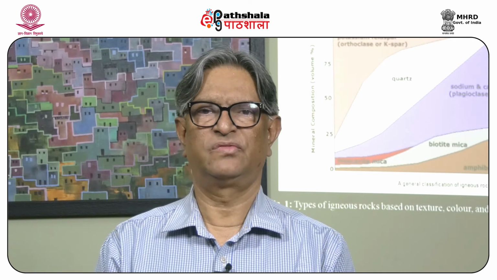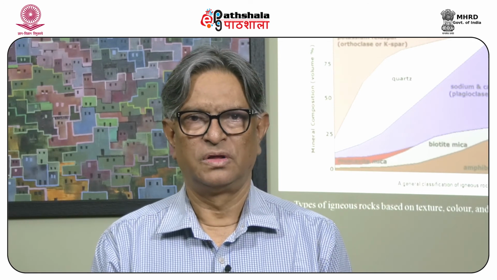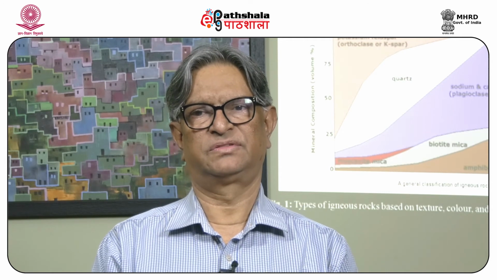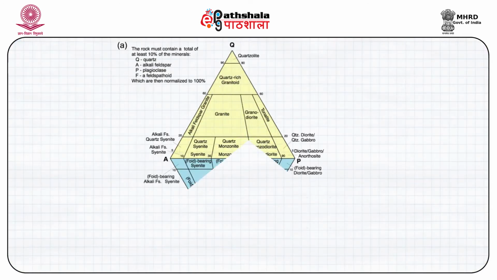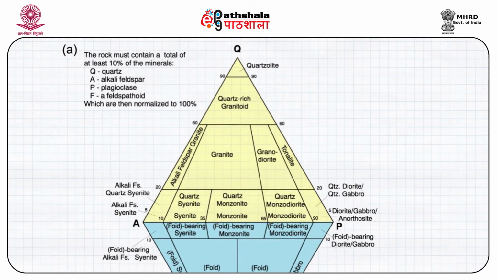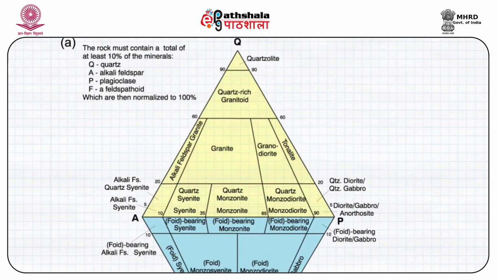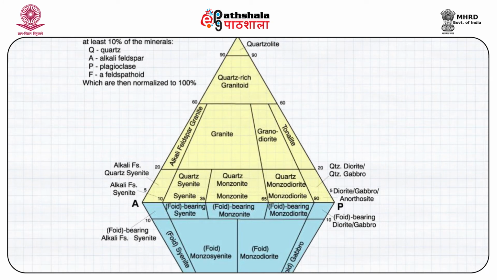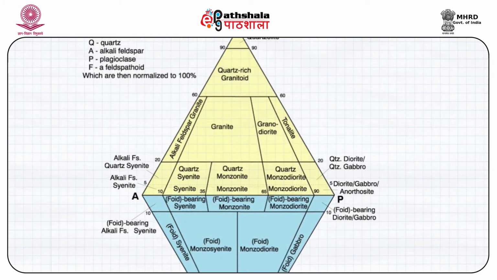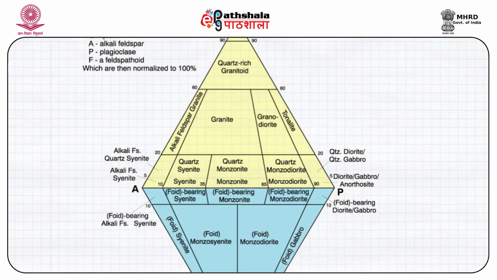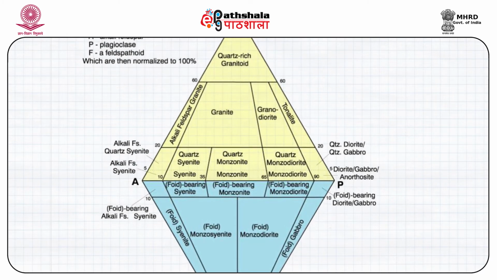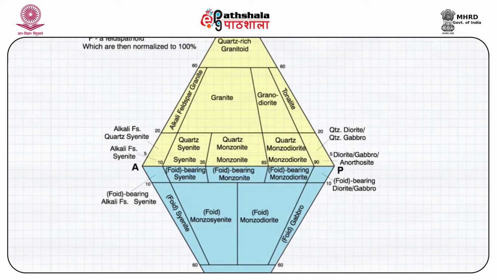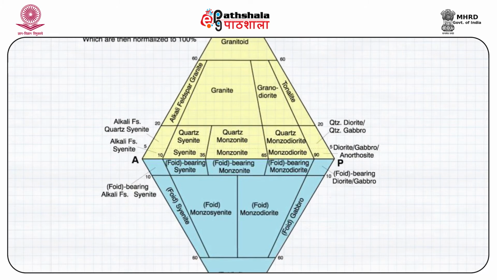So this diagram is mostly based on the minerals present. So it has to be for a plutonic rock which crystallizes at some depth and gives rise to these different minerals. Now this is another classification, recommended by the IUGS, International Union of Geological Sciences, for the phaneritic rocks, the rocks which are full of crystals.